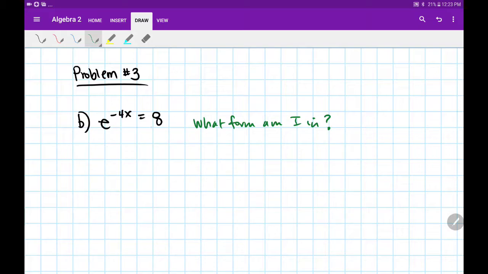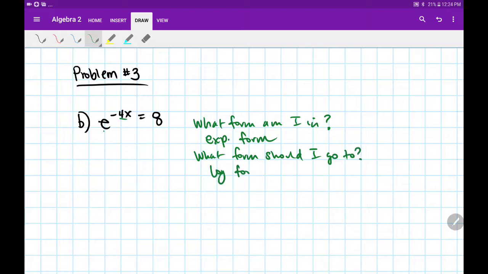Right now, I don't see the word log anywhere. That means I must be in exponential form. I have a base, I have an exponent. Well, if I'm in exponential form, then ask yourself next, what form should I go to? That means I should go into log form. So whichever form you're in, you're probably going to need to go to the other in order to solve. Let's see how that works here.